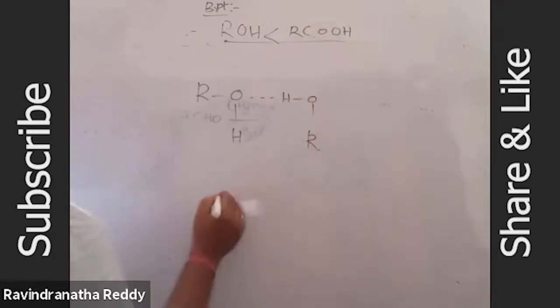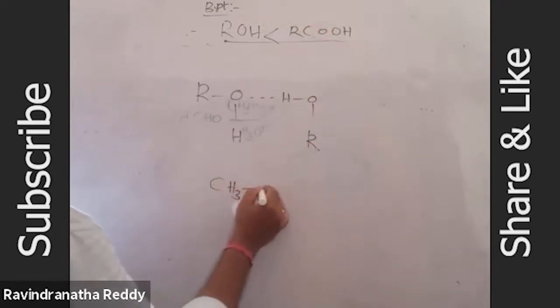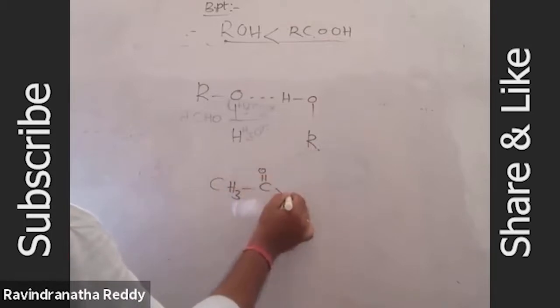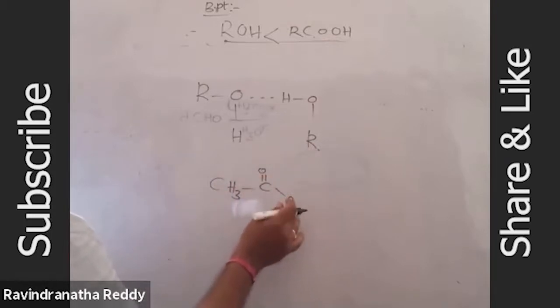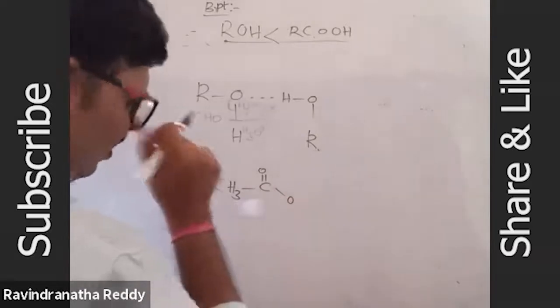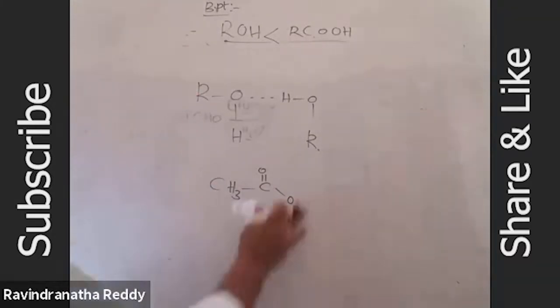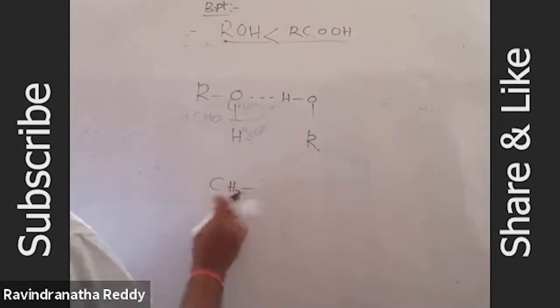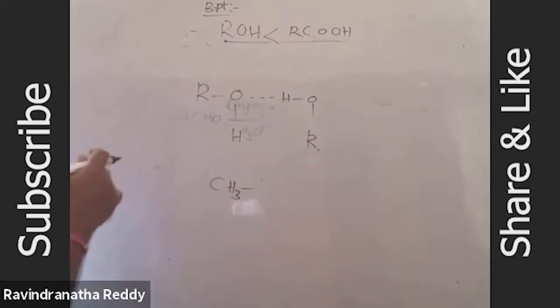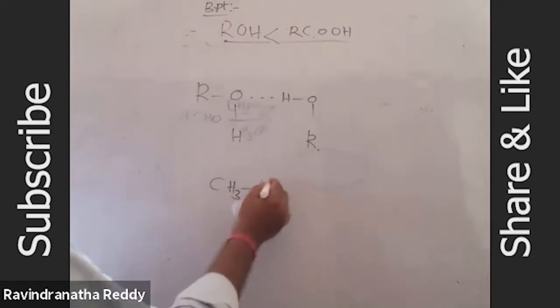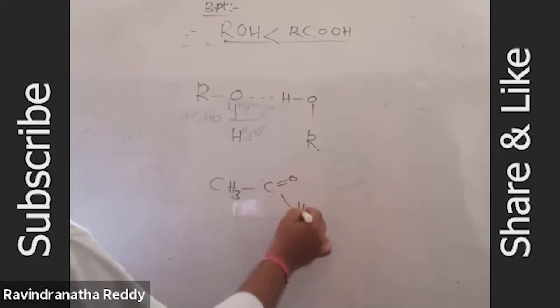But carboxylic acid, for example acetic acid, CH3COOH: dimer formation takes place.